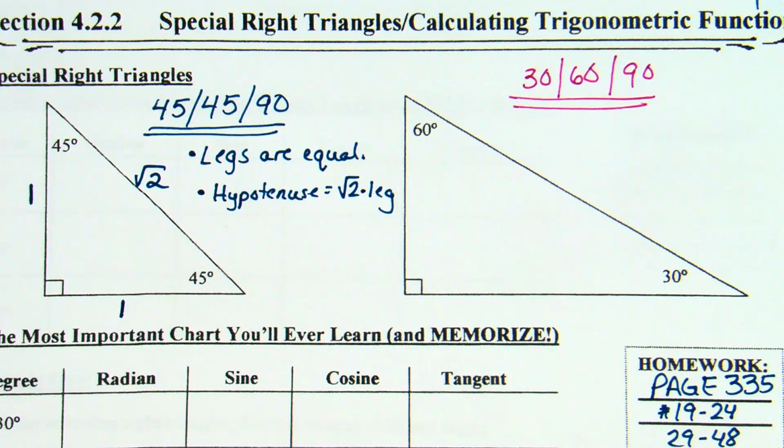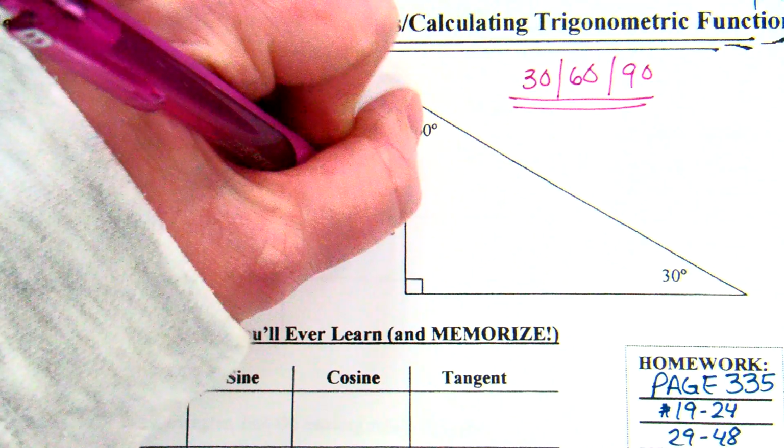It depends which way you're going. I always tend to start with the short leg, and I think of the short leg as 1. So that's kind of your base length, so to speak. The short leg is 1.